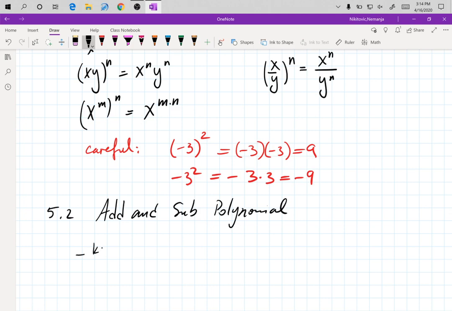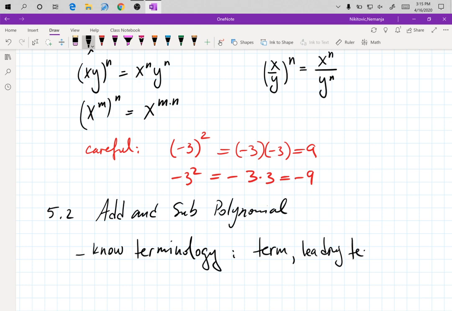So, no terminology. You need to know what the term is, what the leading term is, what the leading coefficient is.